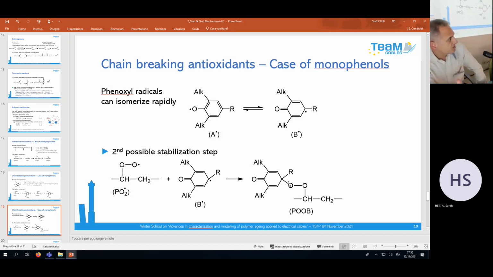So they deduce that it is grafted, because even after extraction they observe the presence of phenol in the sample. So for me, this reaction is very important when you have several OH groups, phenol groups, in your molecule.